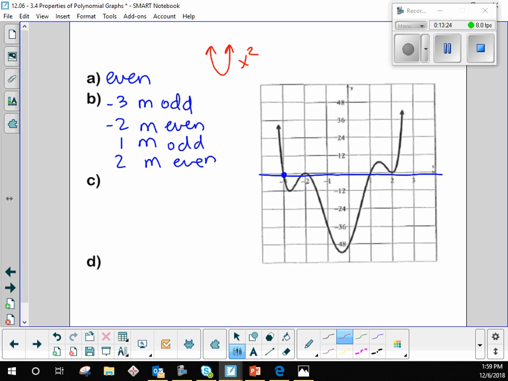We can count the turning points. It turns here, it turns here, it turns there, here, and here. So that's 1, 2, 3, 4, 5. What do we do with that number? We add 1. So minimum degree is 6. And we'll double check that here in a second when we do the factored form.